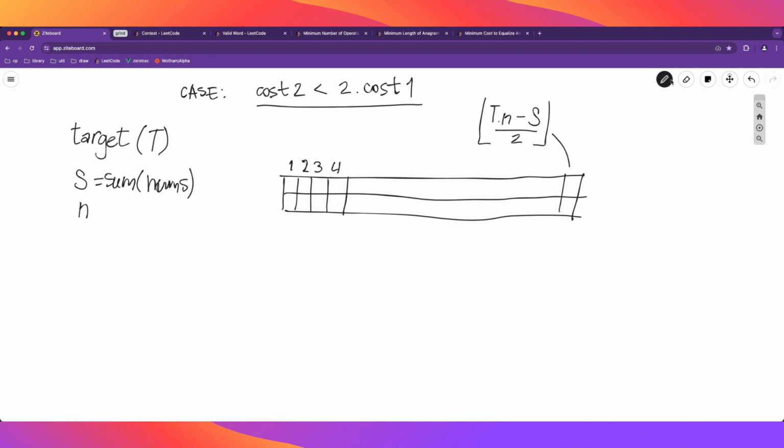So notice that we can assign, right? We can say, okay, let's say that we need 3. We need to increase the first number by 3, right?